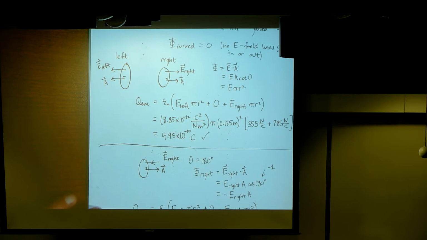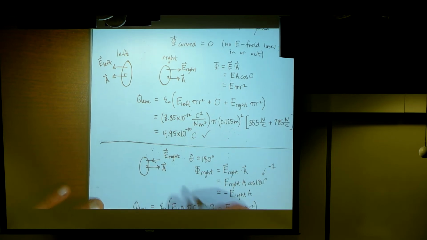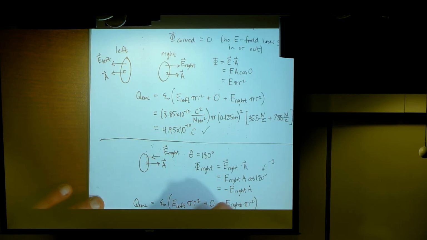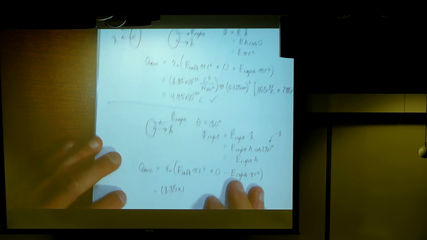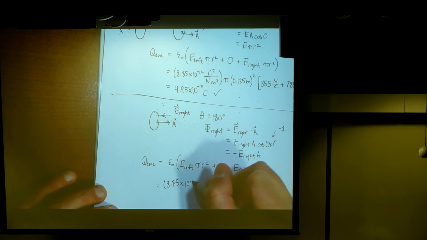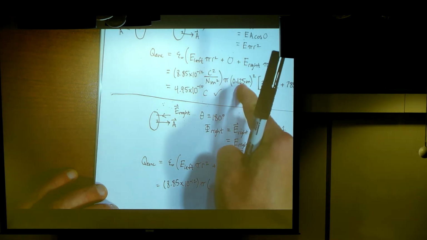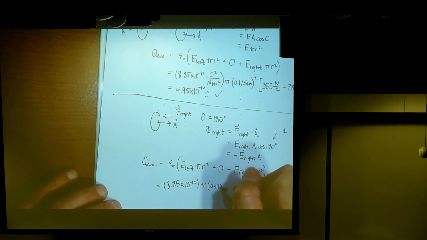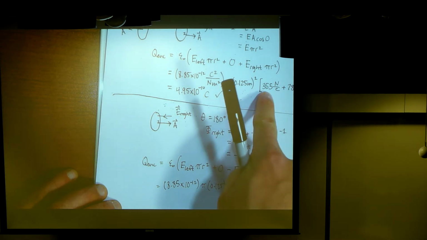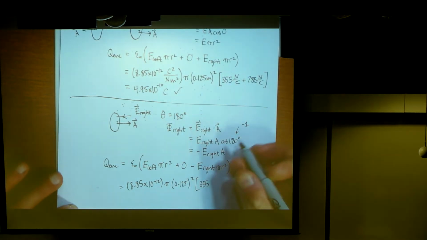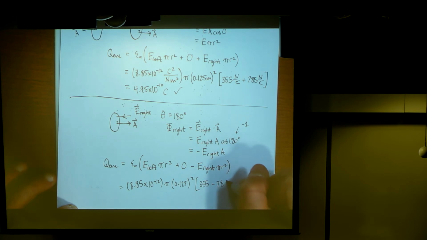So basically, take this calculation, and I'll leave out the units because we already saw how those worked out. Move the picture up a little bit. 8.85 times 10 to the minus 12 as epsilon naught, times pi times the radius, which is 0.125 meters, squared. Then we take 355 as the E field over here, and minus 785 as the E field over here.